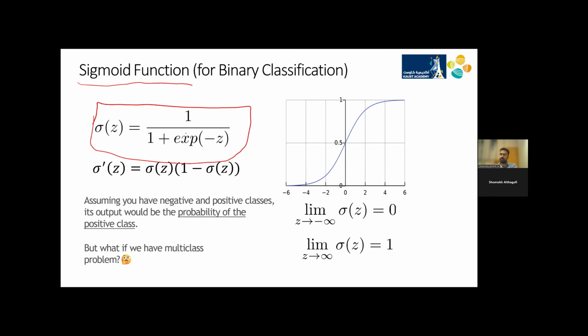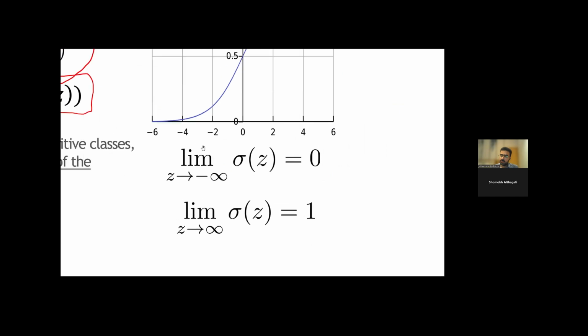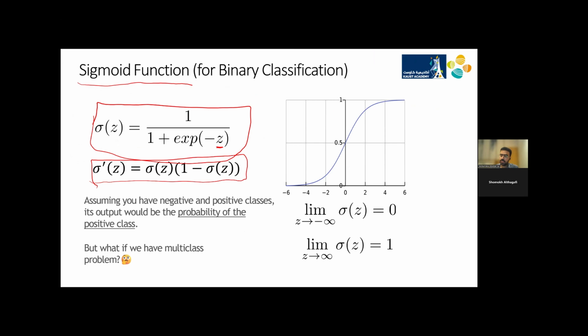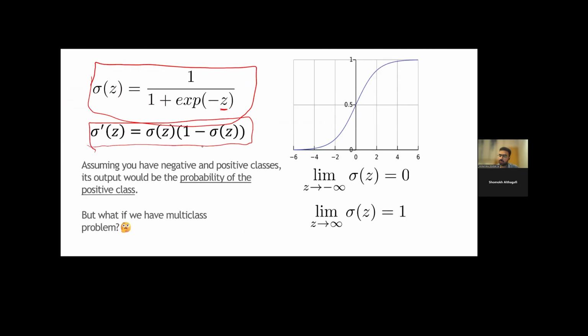And third, because it's continuous and its derivative has a very nice form, we will also try to derive this. First of all, how this thing works. Let's assume your linear regression model gives you a very large value, let's say 1000. If I plug in the value of 1000 here, it would actually be the exponent of minus 1000, which would be a very small value.